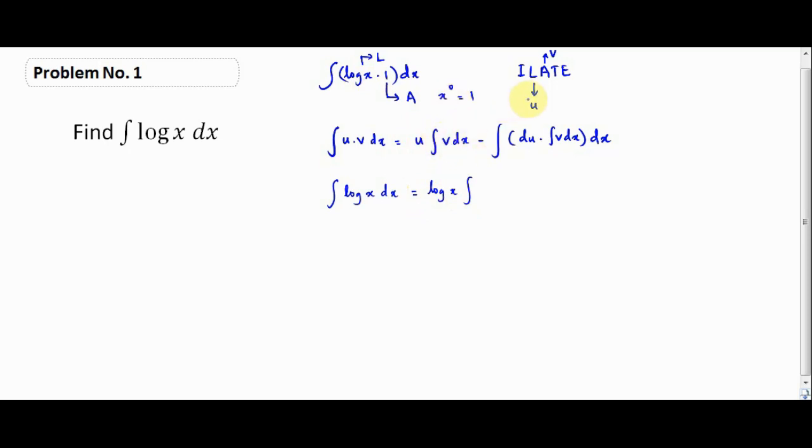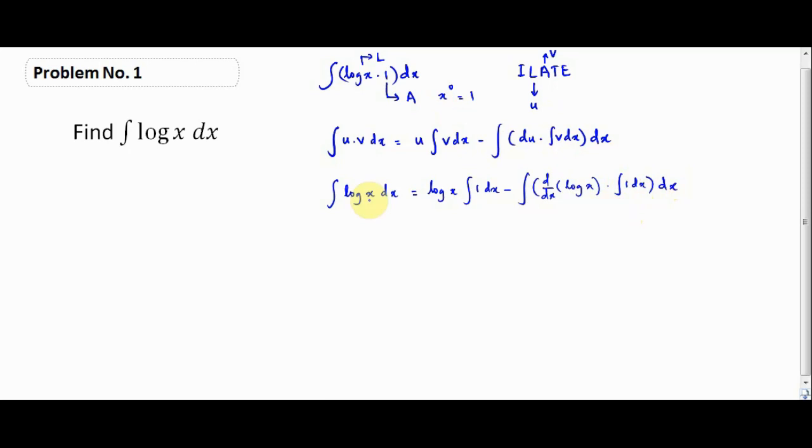V is nothing but 1 or x raised to 0, so 1 dx minus integral of d by dx of u. U is the logarithmic function log x, so d by dx of log x into integral of v dx. V is x raised to 0 or 1, so therefore integral of 1 dx dx.